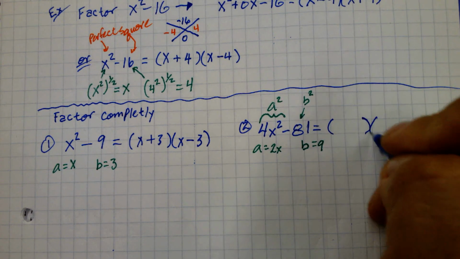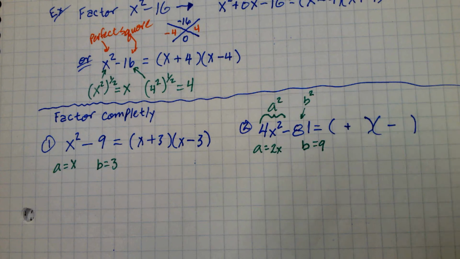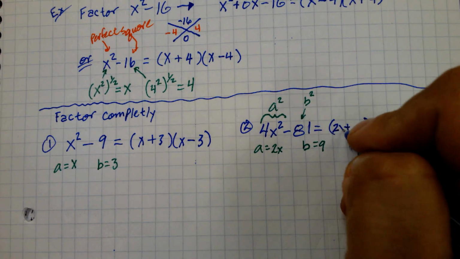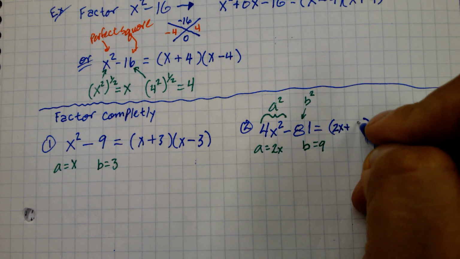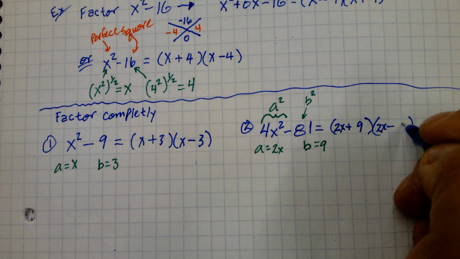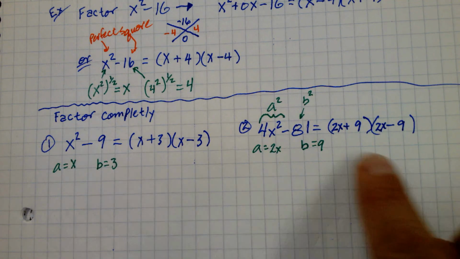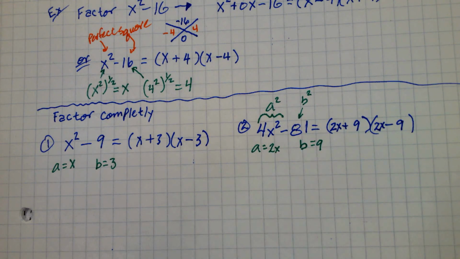So put a plus and a minus. We have 2x plus 9, 2x minus 9. And if ever we need to check, just multiply them back together to make sure you get this answer again.